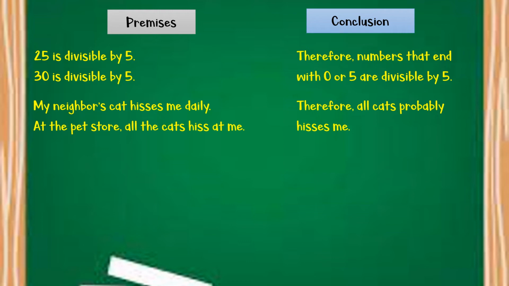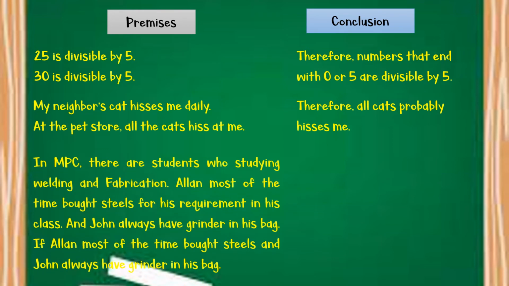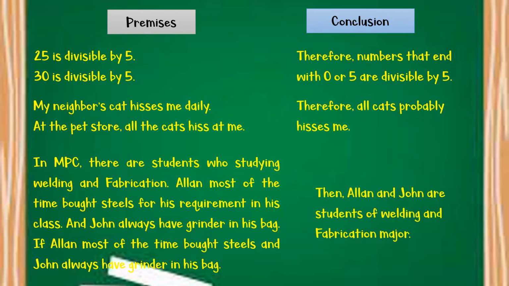For the last example, in MPC, there are students who are studying welding and fabrication. Alan most of the time bought steels for his requirement in his class, and John always has a grinder in his bag. If Alan most of the time bought steels and John always has a grinder in his bag, then Alan and John are students of welding and fabrication.